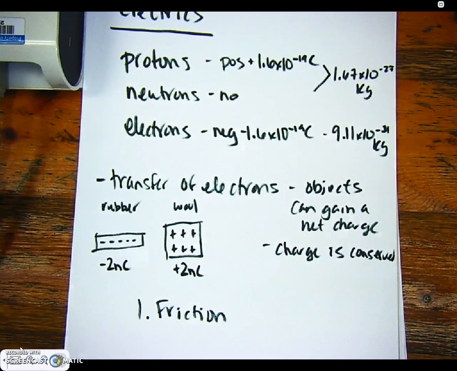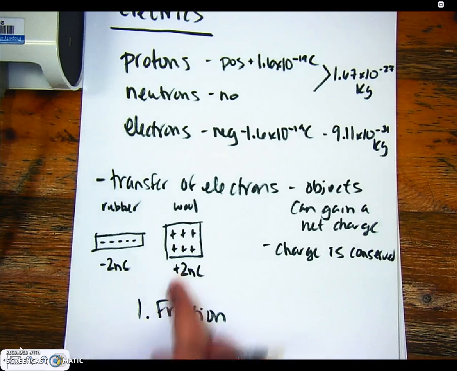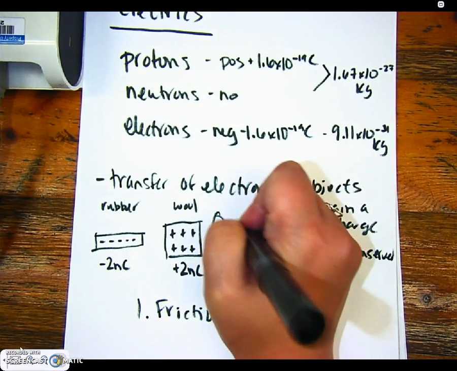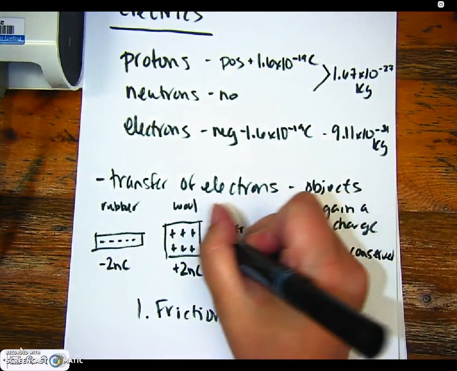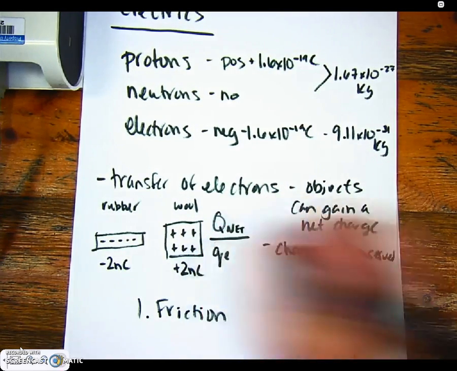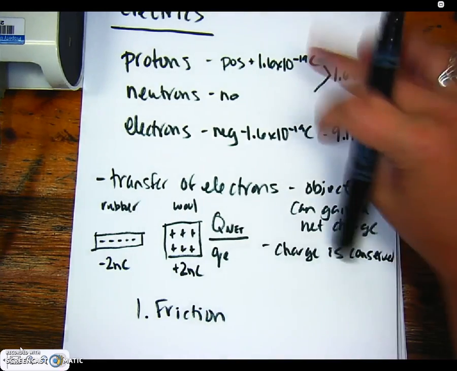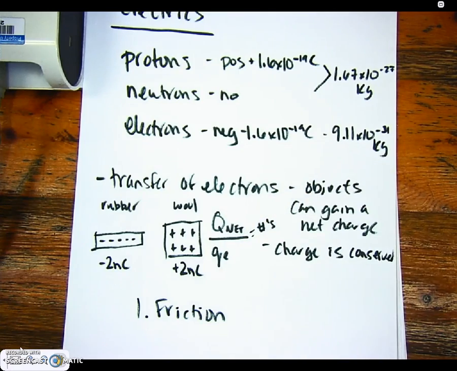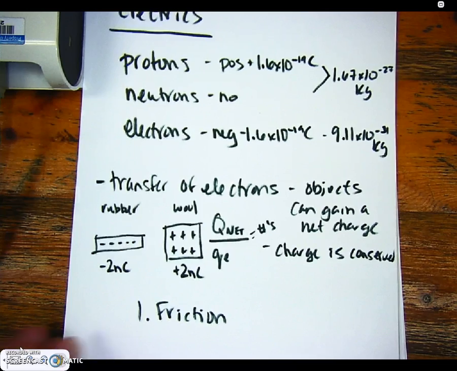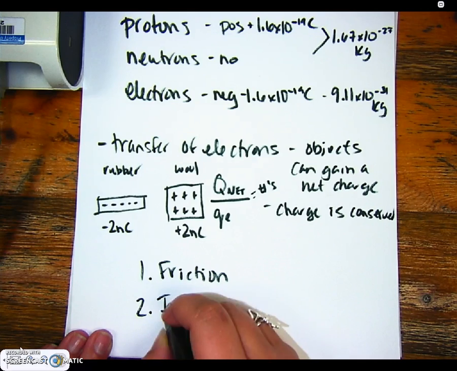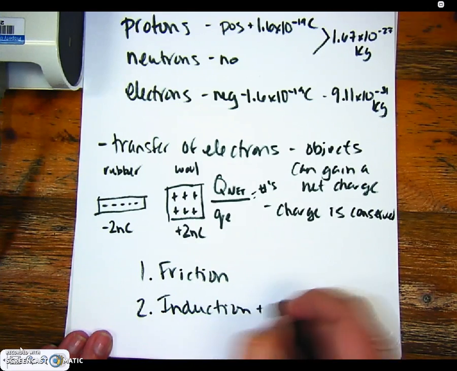Now, if I wanted to figure out how many electrons actually made the jump from the wool to the rubber, I can use the equation that the net charge gained by something, usually a capital Q, divided by the charge of each individual electron, the elementary charge, gives me the number of particles that made the jump from here to here. So that's charging by friction, but we can also charge by induction and conduction.